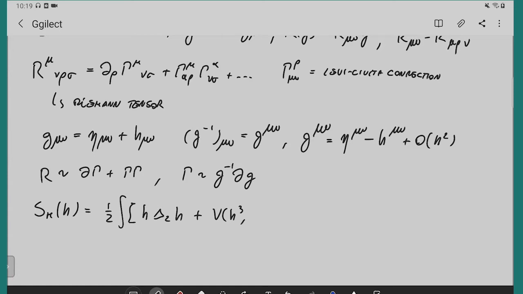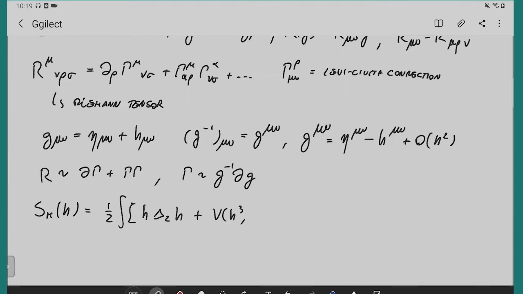You have a two-derivative term where this triangle is the two-derivative operator. And then you have interactions of all possible powers of h, and always two derivatives, or zero if you have the cosmological constant, but in this case I didn't put it.